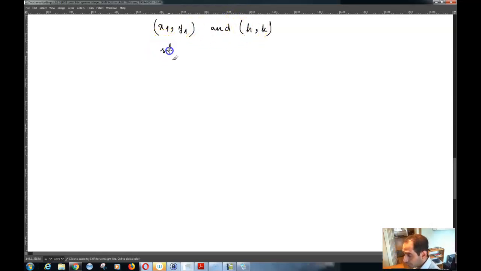If the slope of the line is equal to m, you want to show that k minus y1 is equal to m times h minus x1.